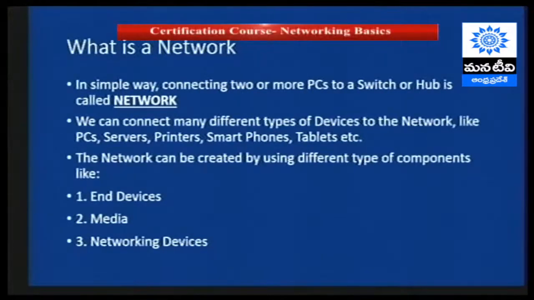We call these kinds of devices end devices. Basically, to set up a network we would require different kinds of components, and those components are: number 1, end devices, number 2, media, and number 3, networking devices.